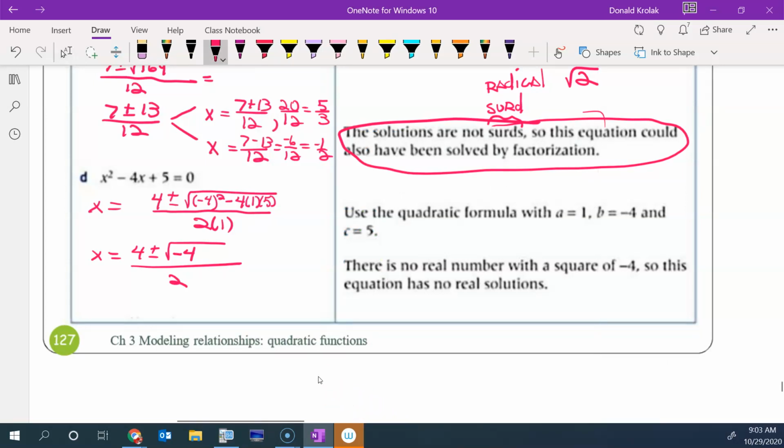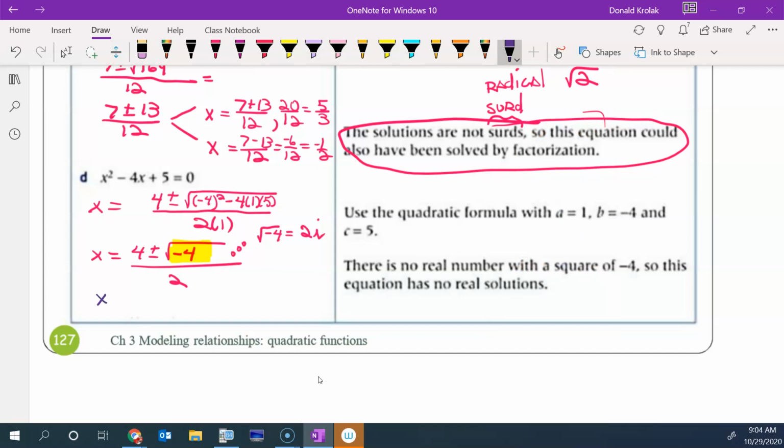All right, now -4, you can't simplify it. You can if you are allowed to use imaginary numbers. So right now we're restricting our values, because the square root of -4 is actually going to be 2i, which is an imaginary number. So until we start using imaginary numbers, you write no real solutions.